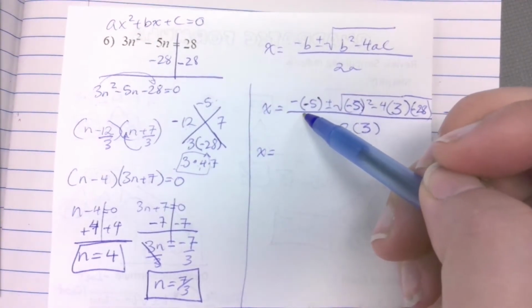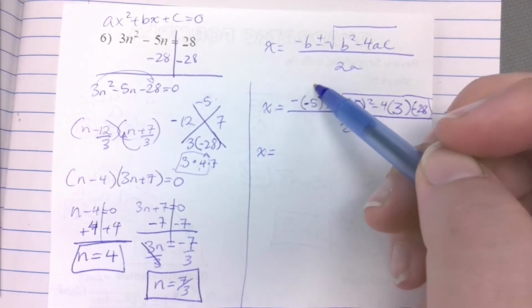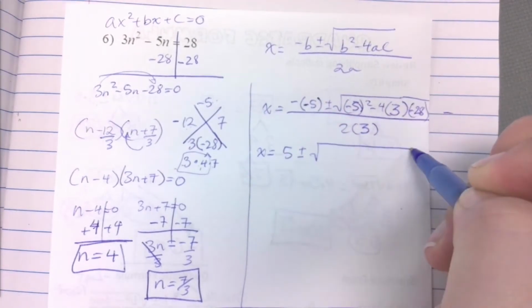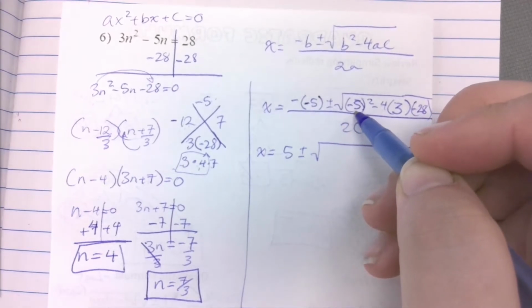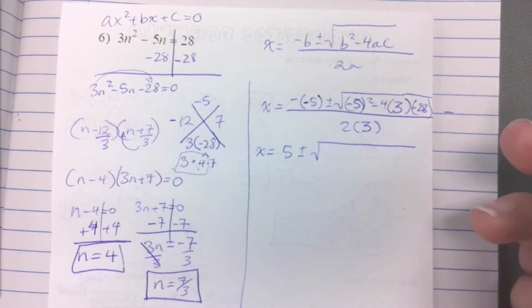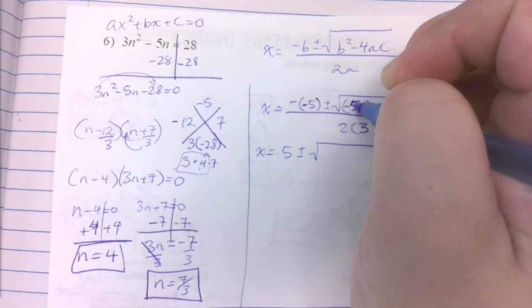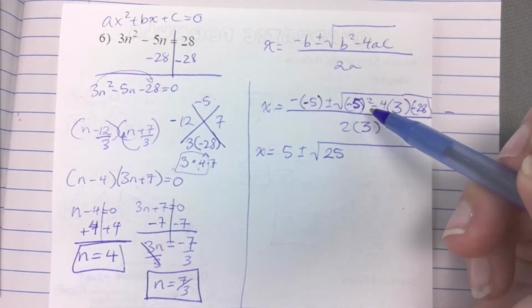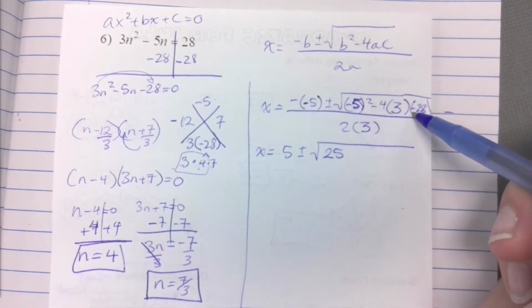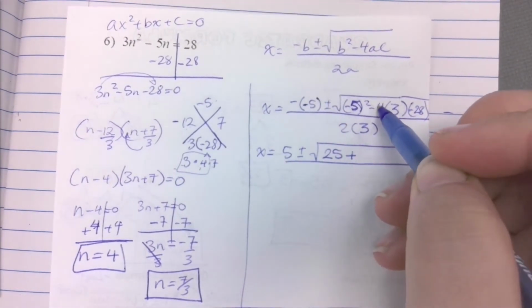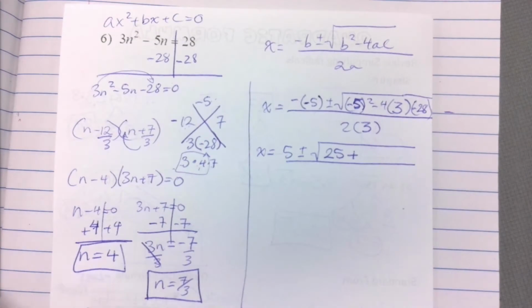What's a negative negative make? What's negative 5 squared? What's negative 5 times negative 5? 25. And then what's a negative times a negative? And then use a calculator and tell me what 4 times 3 times 28 is.